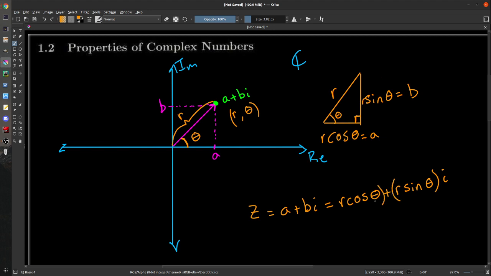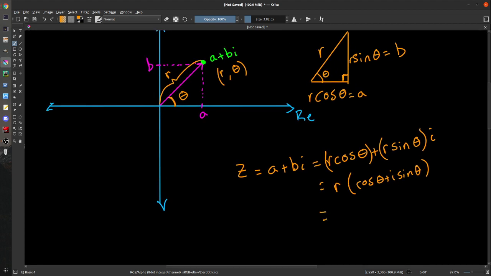Oh, hey, how about that? And normally people like to write this as r times (cosine theta plus i sine theta). And some people even write this as r cis theta, cosine plus i sine theta. We won't use that notation here because we don't need to introduce new functions or anything weird here. But you can, if you like doing that. I think it does save you some time.